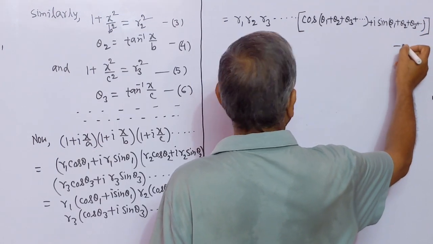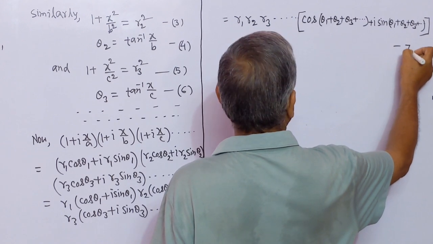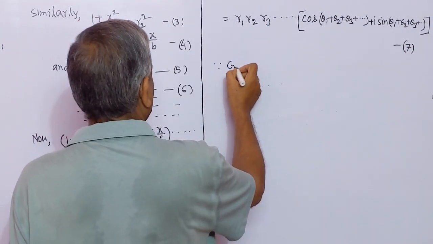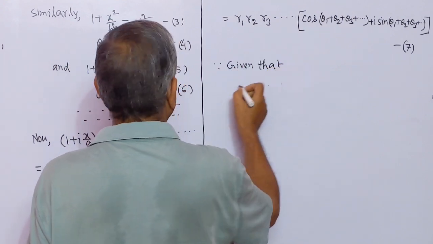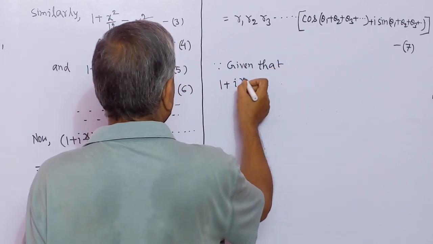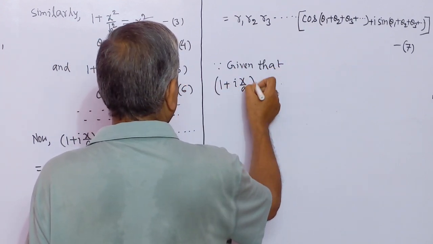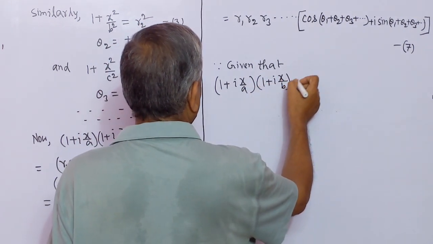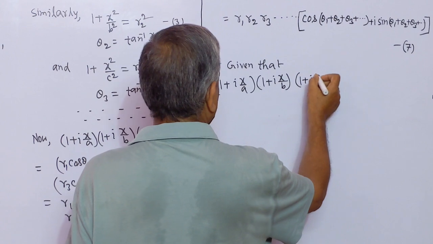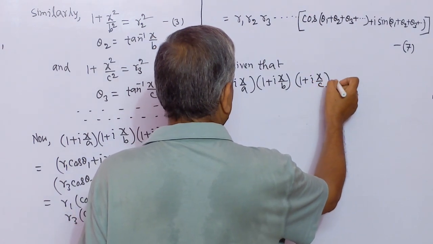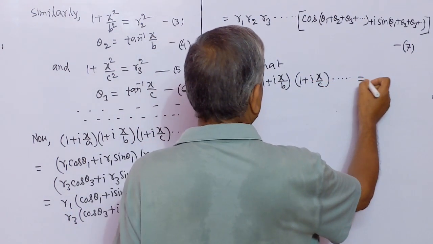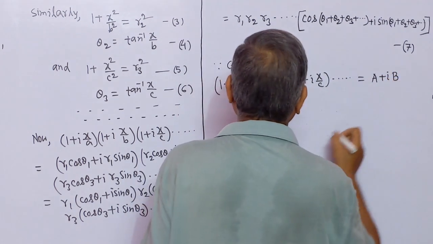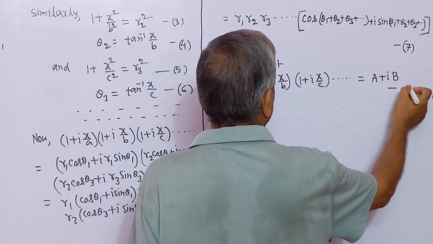Let this be number 7. Since given that (1 + i x/a)(1 + i x/b)(1 + i x/c)... equals A + iB. This is number 8.